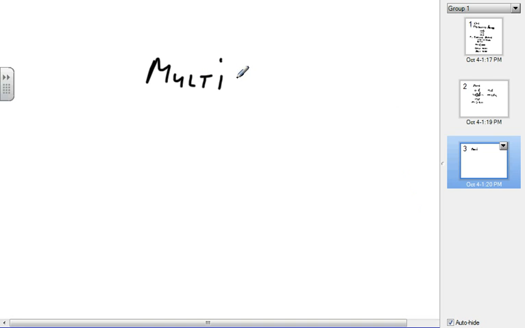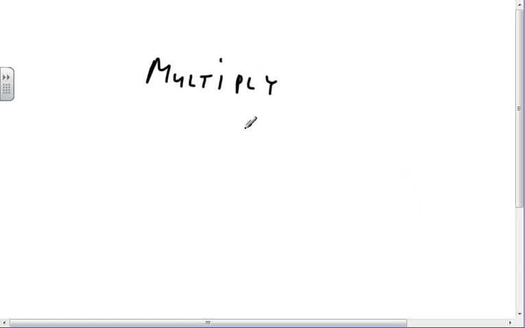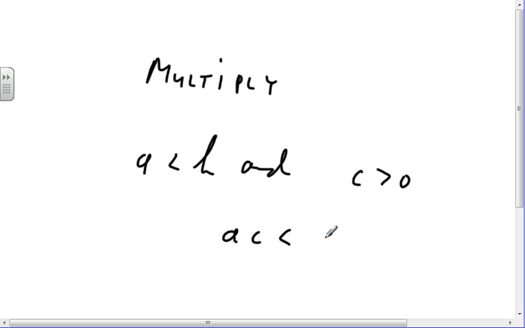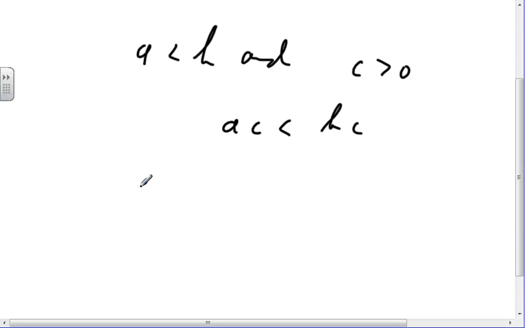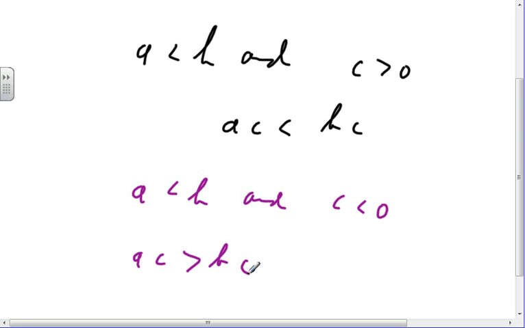M-U-L-T-I-P-L-Y, multiply. So now I've got A is less than B, and C is greater than 0. If that's true, then AC has to be less than BC. But if A is less than B and C is less than 0, then AC has to be greater than BC.